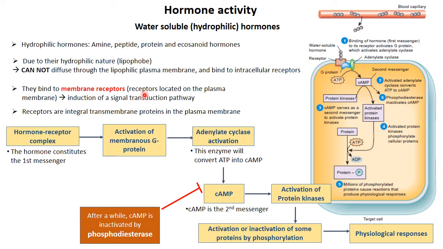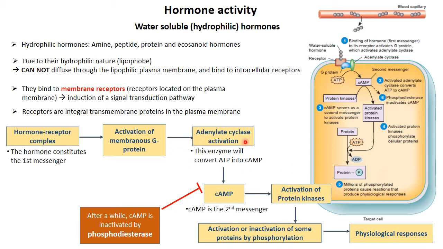So they are receptors located on the plasma membrane, and following the binding of the hormone to its receptor, this will induce a cascade of signaling that will lead to an activation of many enzymes, and also it might induce the activation of transcription factors that are located in the cytoplasm, and then they can move to the nucleus and induce the transcription of many genes.